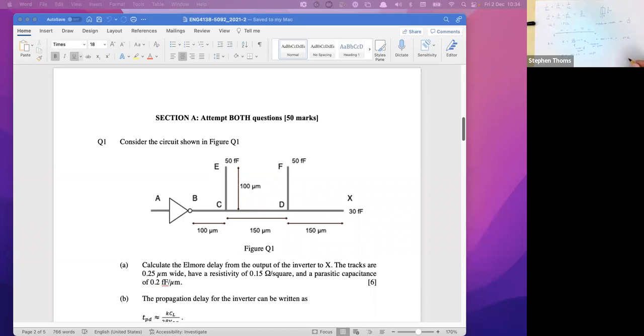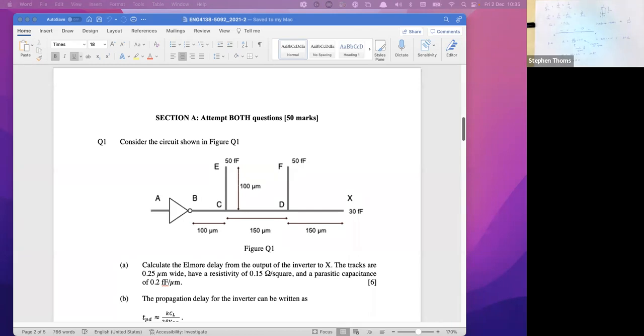And once you've done it for the first section, the second and third sections are going to be pretty much identical calculations, just with slightly different lengths and therefore slightly different numbers. So if you look at C to D, the only difference is that your length is 150, so everything's multiplied by 1.5. So the resistance equals 150 over 0.25 times 0.15.